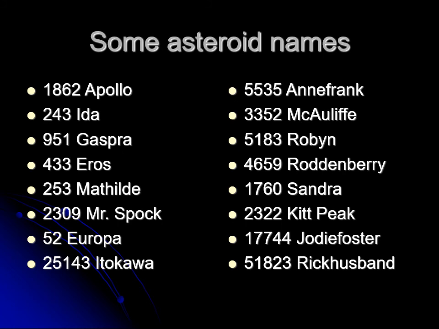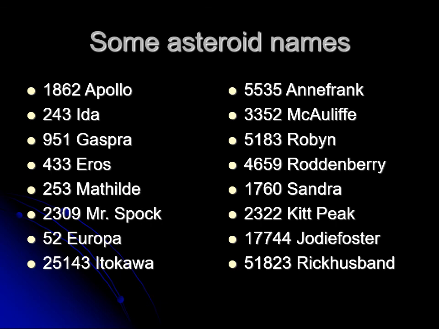We got Matilda right here. We got Robin. We got Sandra. Jodie Foster played an astronaut in a movie, and so they named an asteroid after her. Gene Roddenberry got an asteroid named after him, asteroid 4659 Roddenberry. Anne Frank has an asteroid named after her, asteroid 5535 Anne Frank.